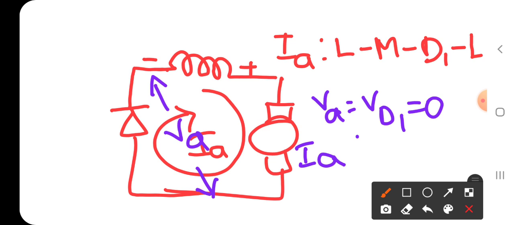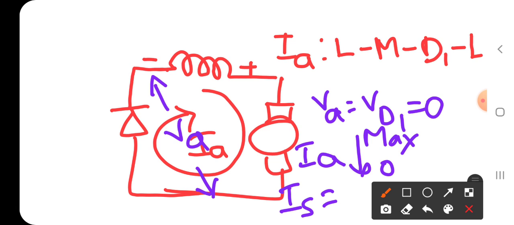IA will decrease from maximum to 0. Then what about IS? As the source is not connected to the load, IS is equal to 0.